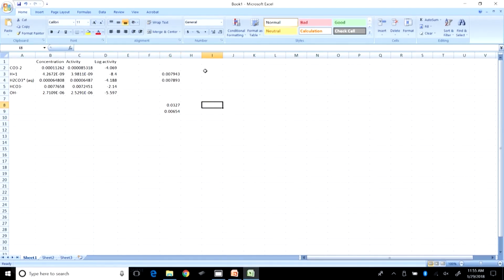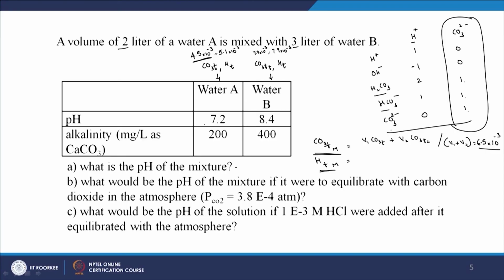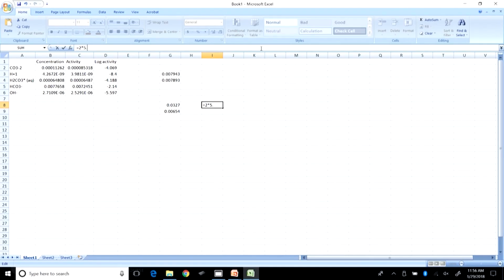So, H total, that is equal to 2 times, and let me switch and see what the H total value is. Where do we have that here? It is 5.1 into 10 power minus 3, plus 3 into 3 is again the volume, right.